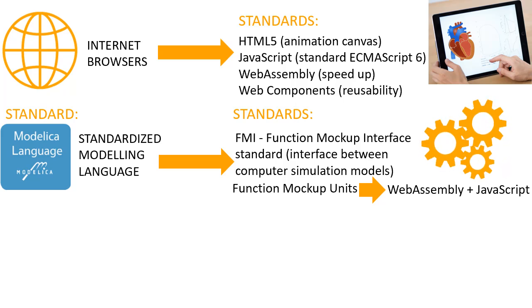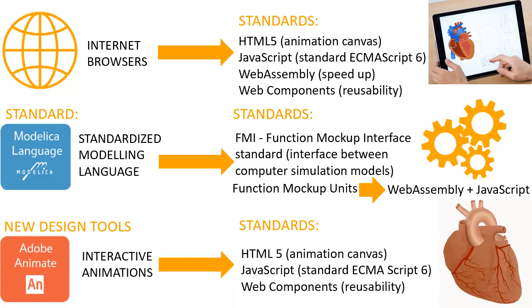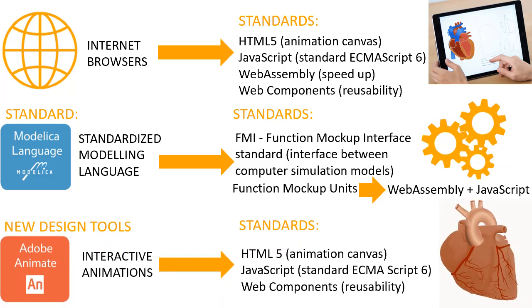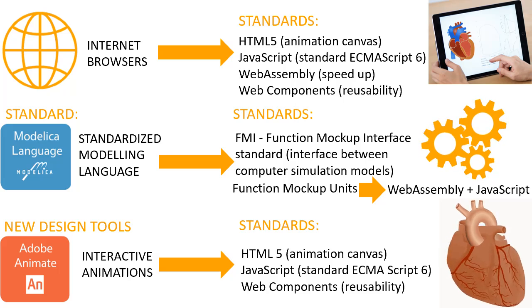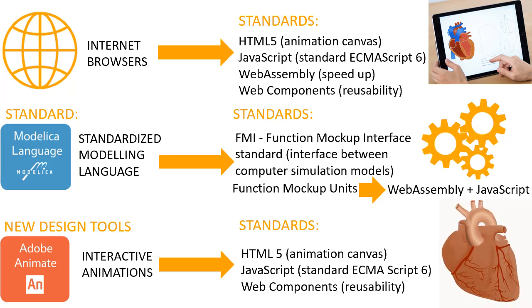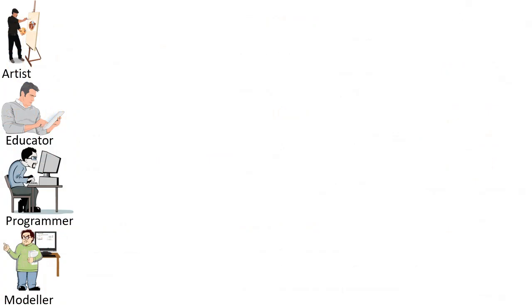and JavaScript. Adobe Animate generates interactive graphics in HTML5 and JavaScript standards. In our technology, we transform interactive graphics into reusable web components. The educator creates a conceptual application design.